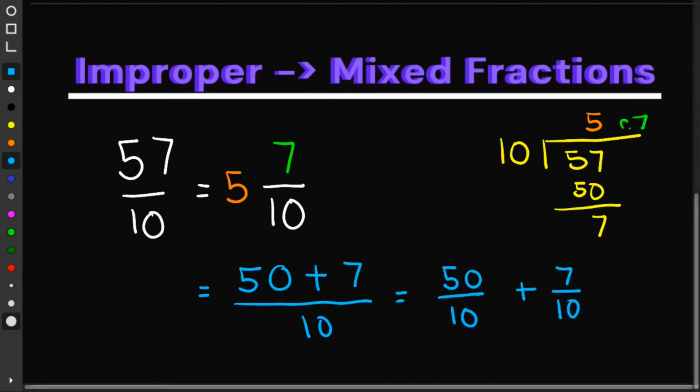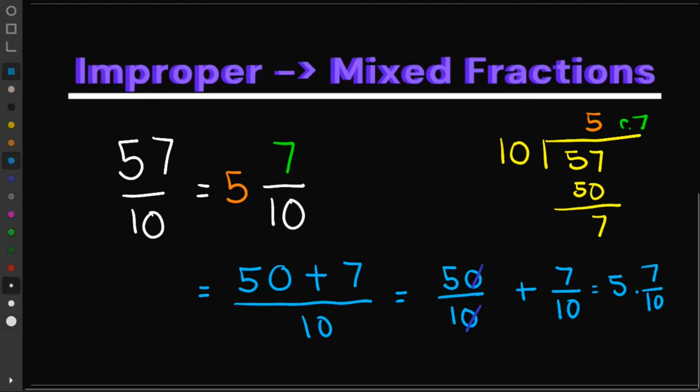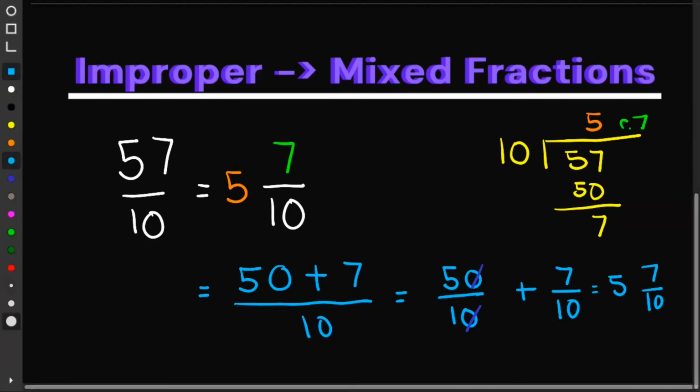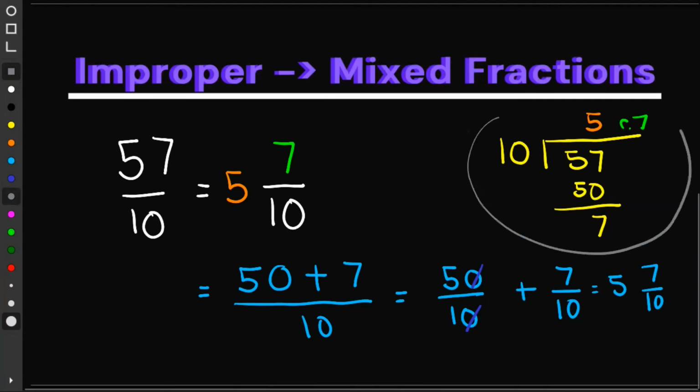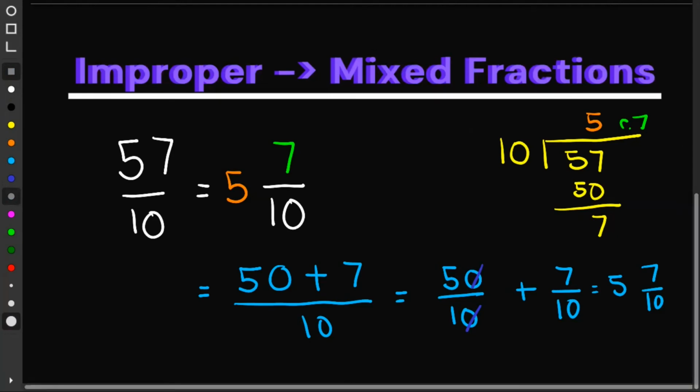Now 50/10 would simply simplify into 5 plus 7/10, or simply 5 7/10. So that is another way on how to convert improper to mixed fraction, but it will involve some addition of fraction, which we haven't discussed yet. So I suggest that we focus first on this method. But if you already know addition of fraction, you can do this one.